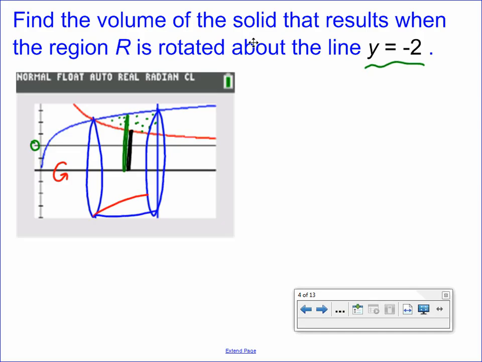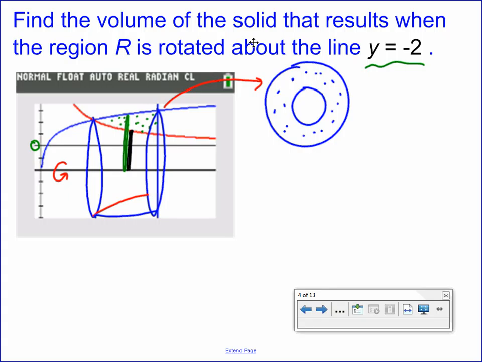You guys see it? What's it going to be? Thwack! I know you were waiting for me to say that for a long time. Ta-da! There's our washer cross section with outer radius big R in green, and my inner radius little r in black.